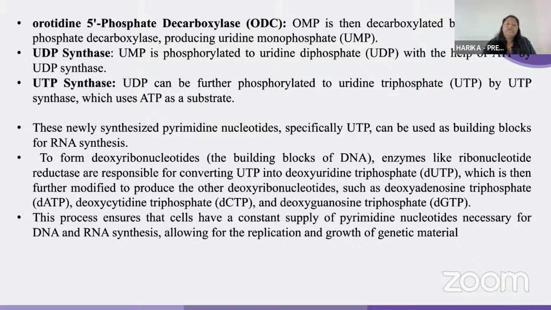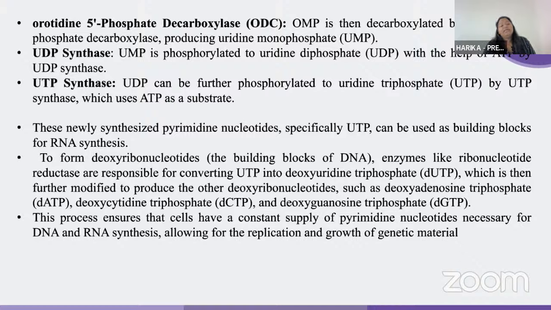In the next following step, UDP can be further phosphorylated to uridine triphosphate by UTP synthase, which uses ATP as a substrate. These newly synthesized pyrimidine nucleotides, specifically UTP, are used as building blocks for RNA synthesis.